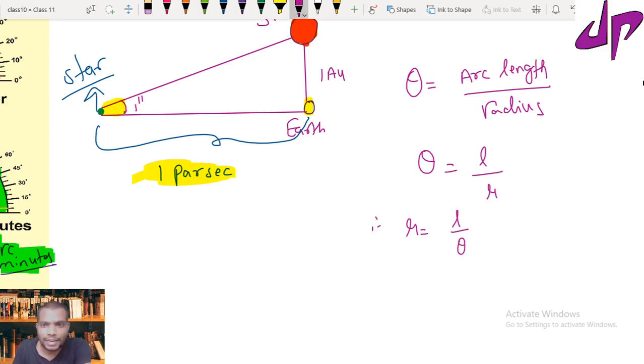Now from this figure I can define 1 parsec. 1 parsec equals, here the length is equal to 1 astronomical unit and theta here is equal to 1 second.